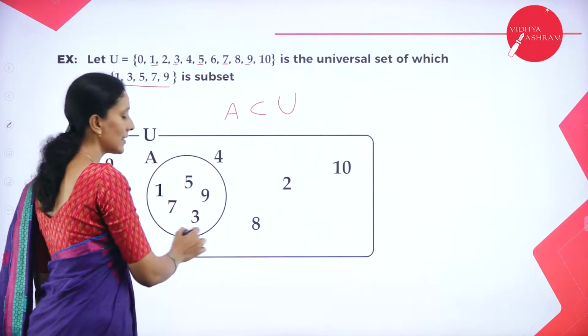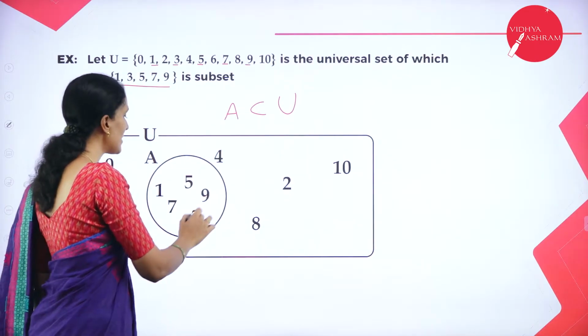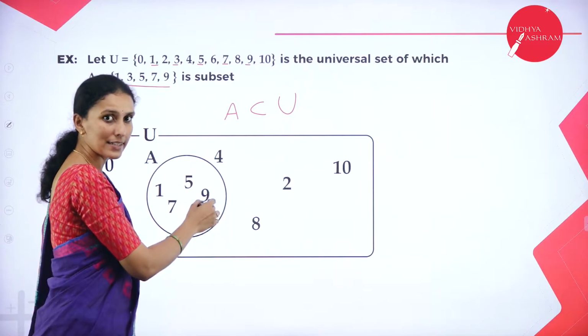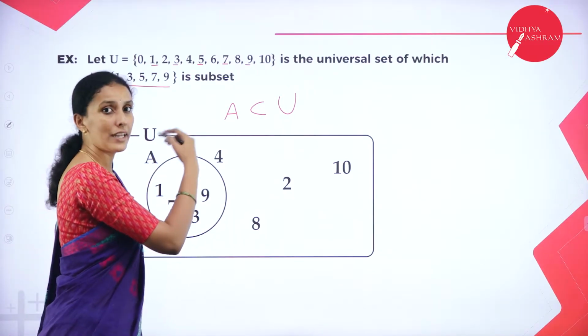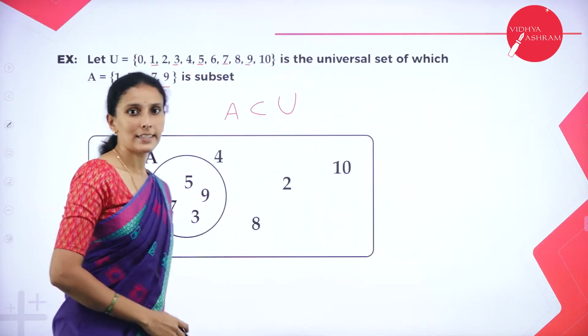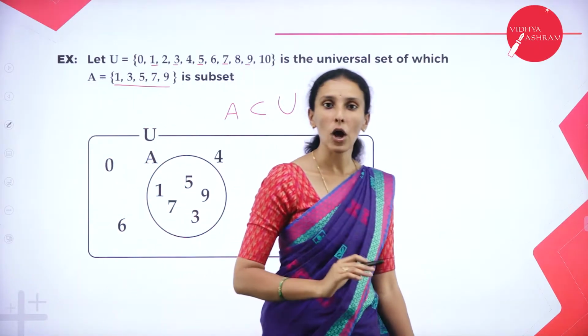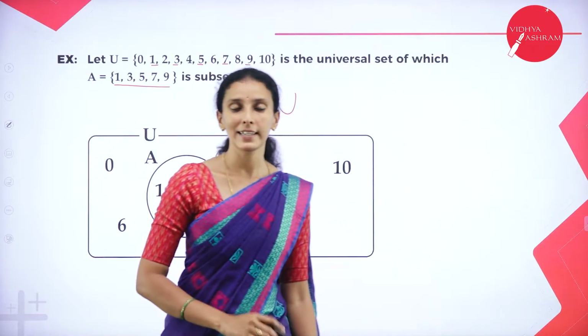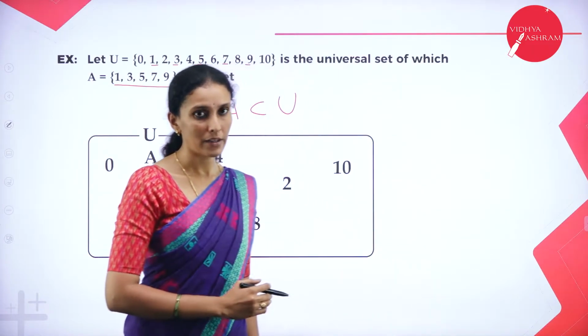Therefore it is written in the circle, and elements in A are written inside the circle, and elements which are not in A, they are in U. Therefore we have written them inside the rectangle. This is how we will represent a universal set and its subset using a Venn diagram.